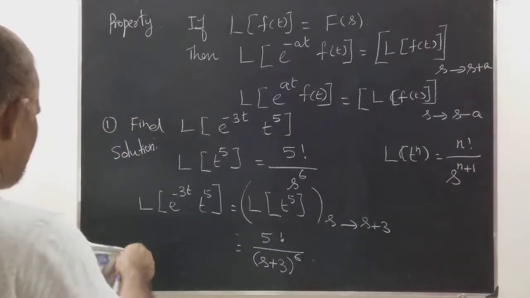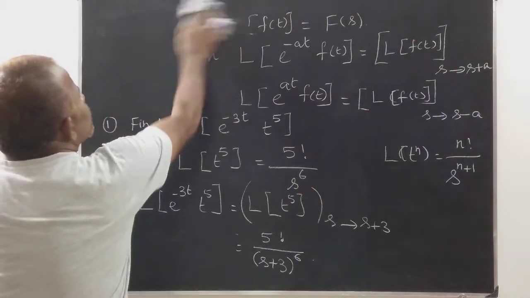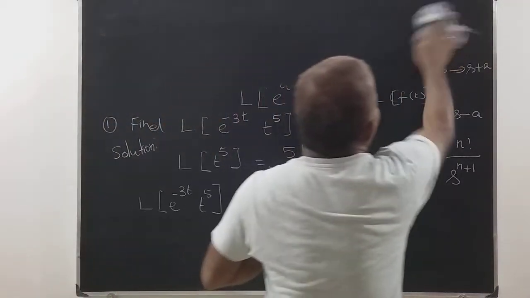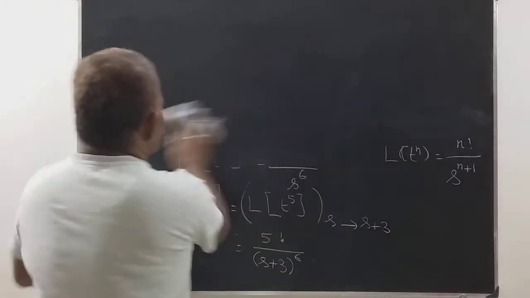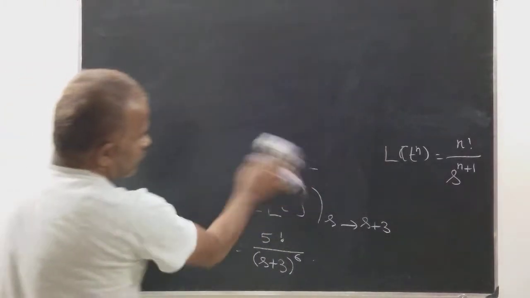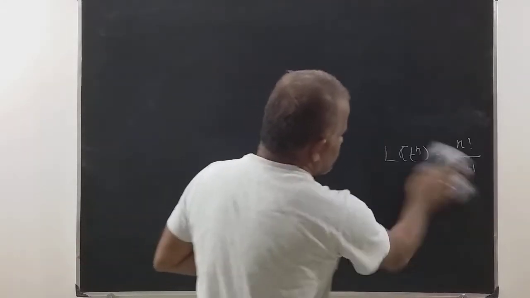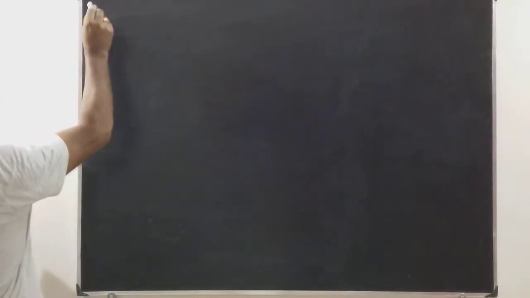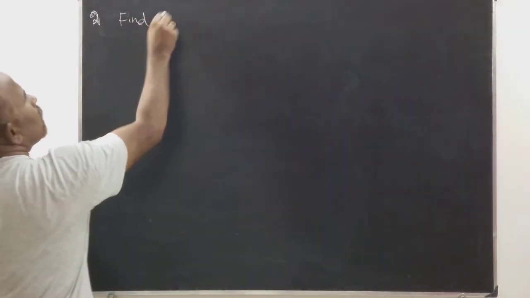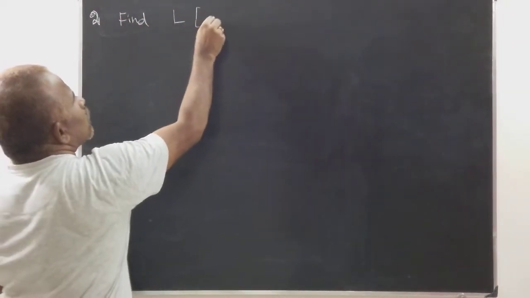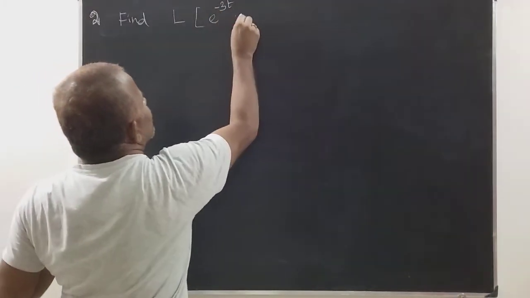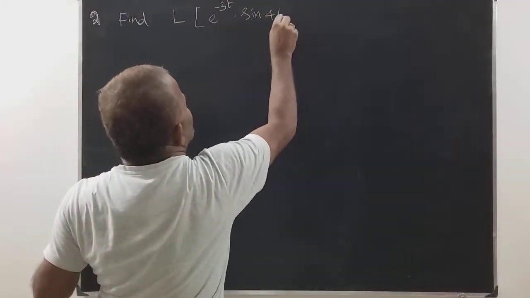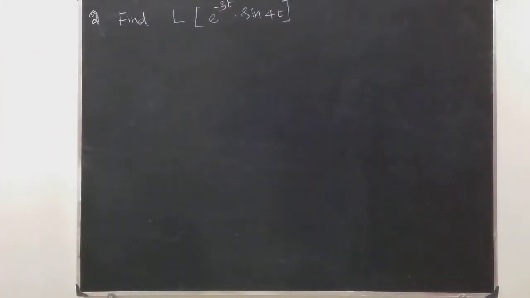Then question number 2 is, find L of e power minus 3t into sine 4t.